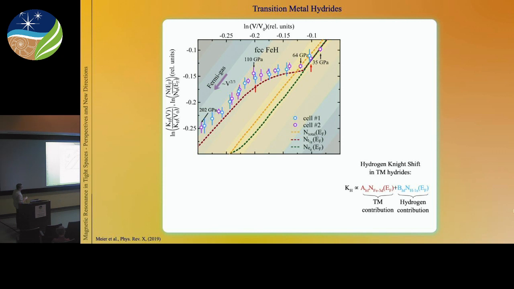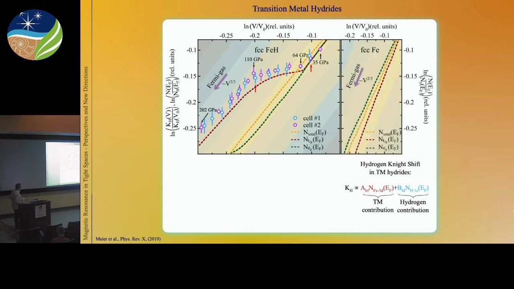In order to check what's happening with the hydrogen, we also calculated that for FCC iron, where we basically saw no volume effect whatsoever in the 3d density of states.